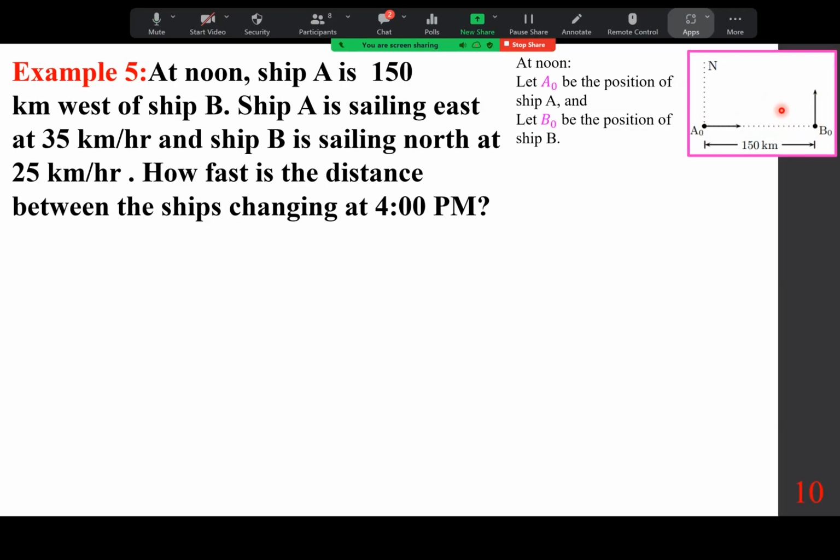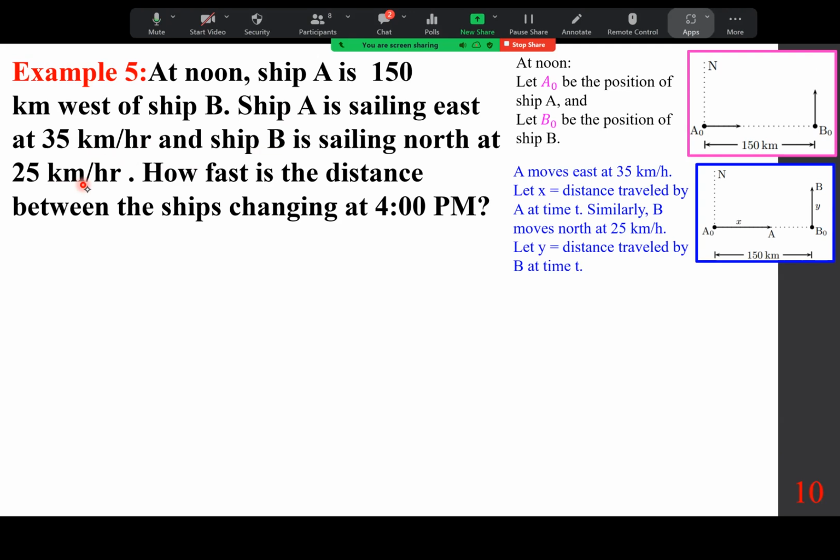A is going to move to the right or east, B is going to move up or north, and the speeds are as follows. A is doing 35 kilometers per hour, and B is doing 25 kilometers per hour.